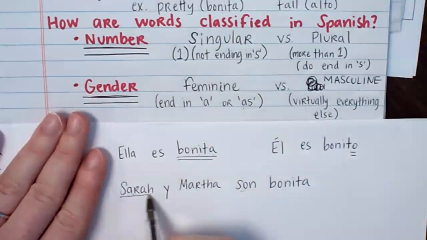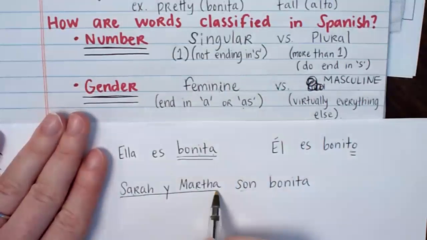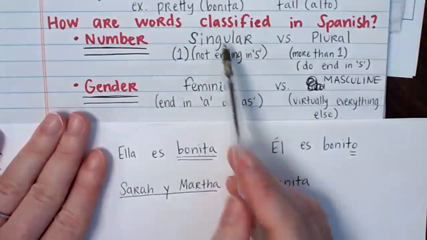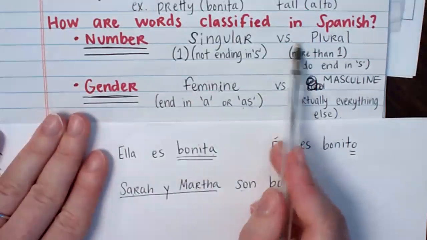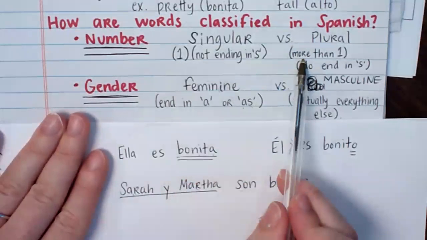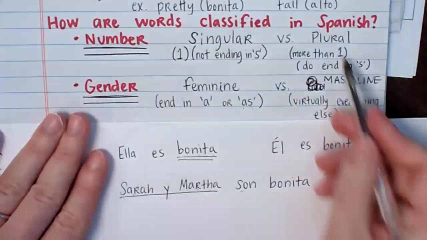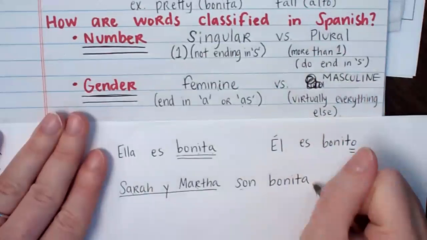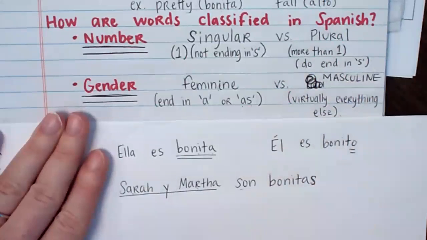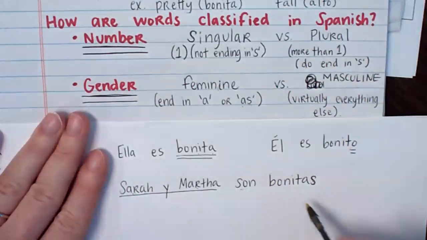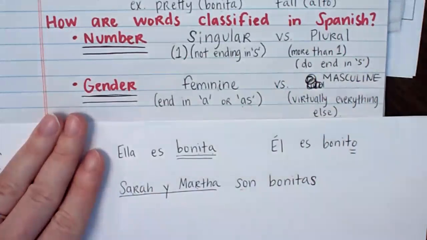So our subject is feminine because it's two girls. And then is it singular or plural? Is there one person or more than one? So there is more than one person, so it's plural. So we have to make bonita plural to match. Sarah y Marta son bonitas. They are pretty.